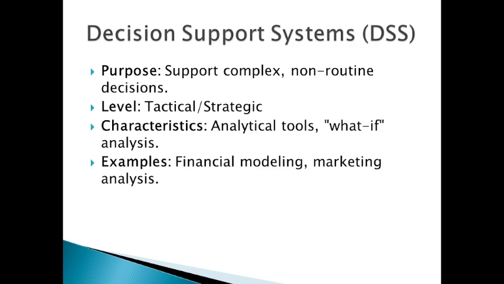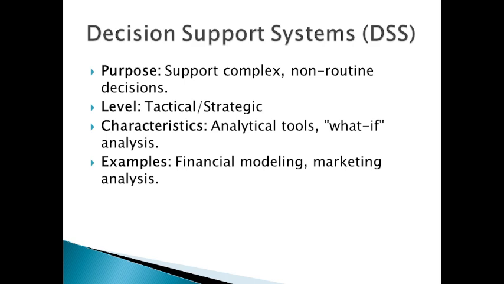At the organizational level, the DSS is found at the tactical and strategic levels. That's the middle and upper management level. The key characteristics include analytical tools, what-if analysis, data from internal and external sources, and support for unstructured decision making. Those are the key characteristics of the DSS.